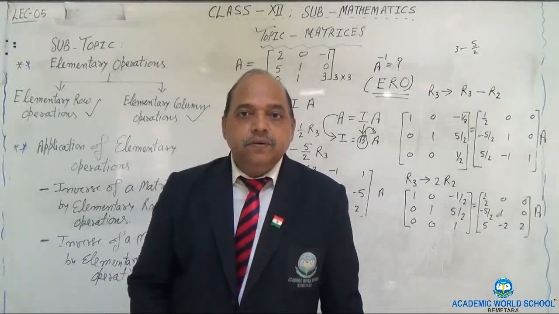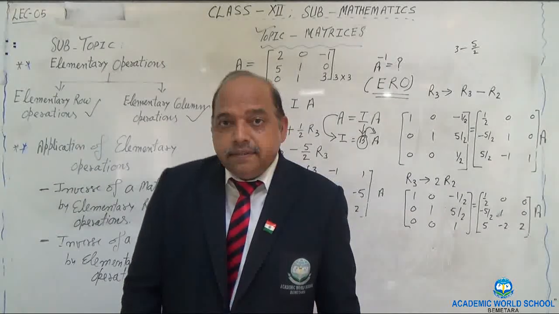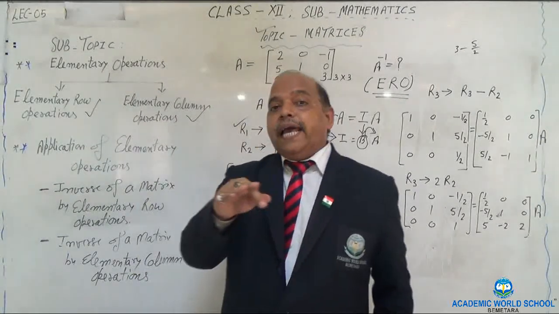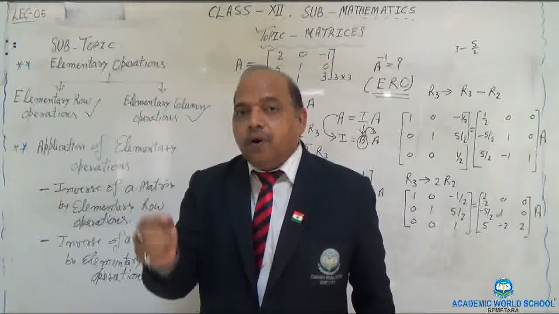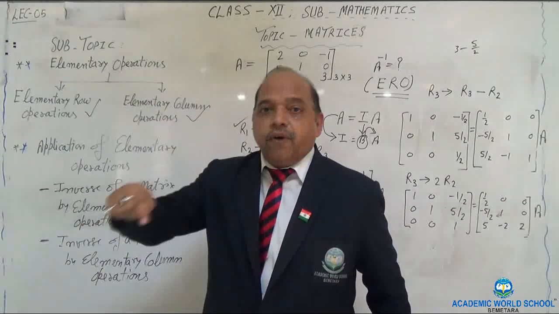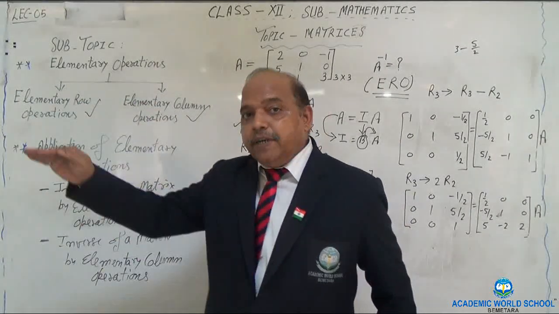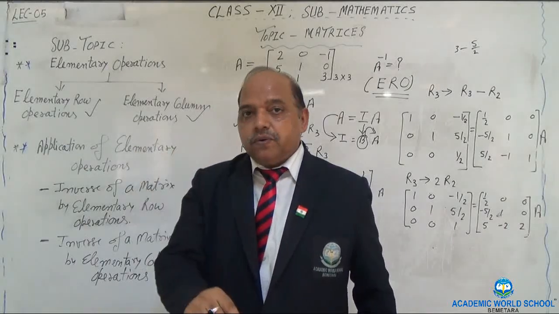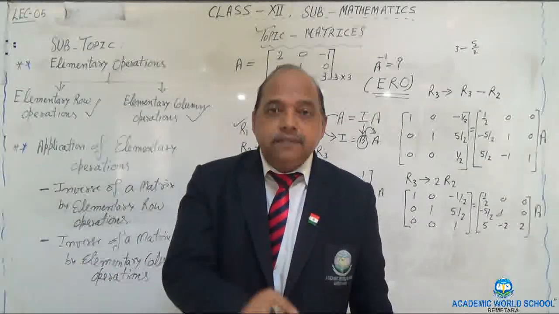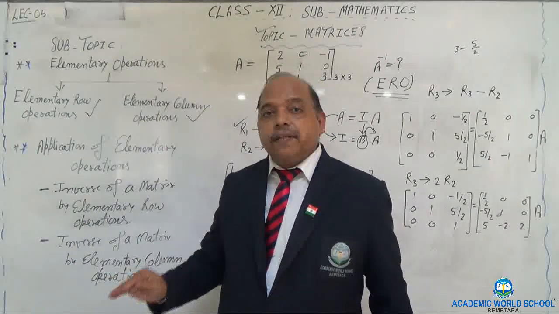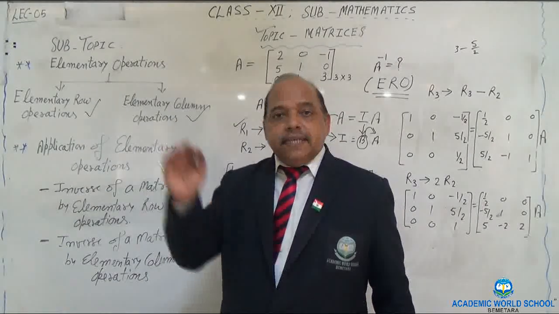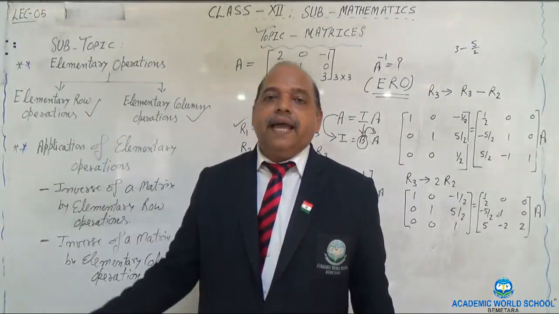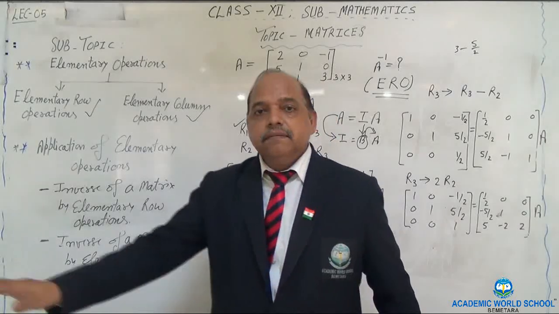Again I am reminding you, it may happen in some cases that all elements of any specific row or column get converted into 0. In that case, you need not proceed further. Simply you will say that this given matrix doesn't have an inverse, and then that gets over.